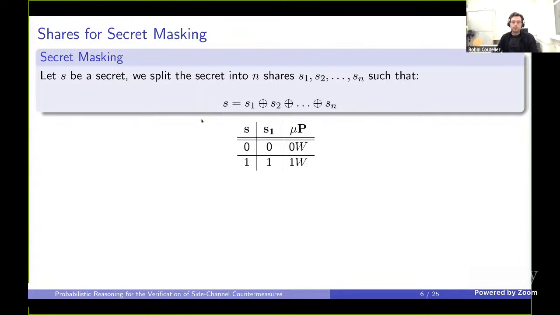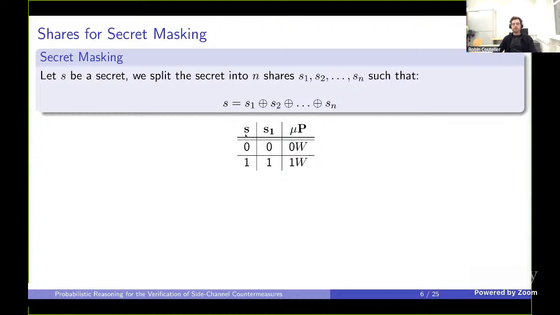So for example, let's make a bold assumption that if you have a bit that is 0, it's just 0 watt compared to the baseline. And if it's a 1, then it's 1 more watt than if it's a 0, right? It's a simplification, of course, but the system still makes sense like this.